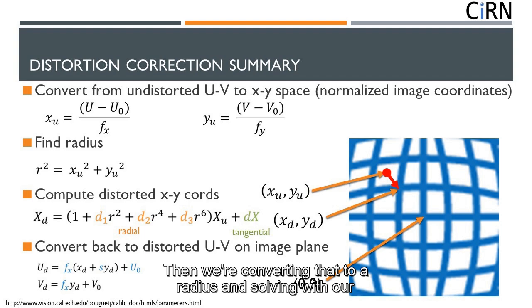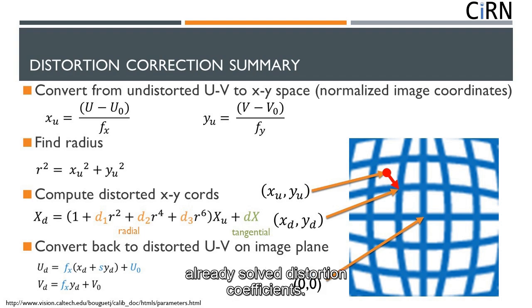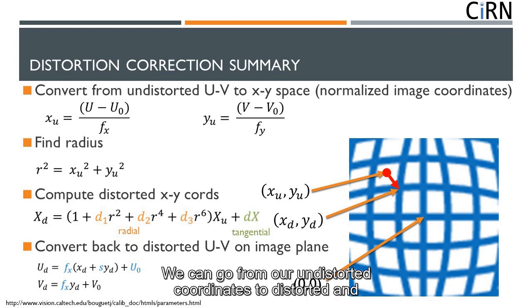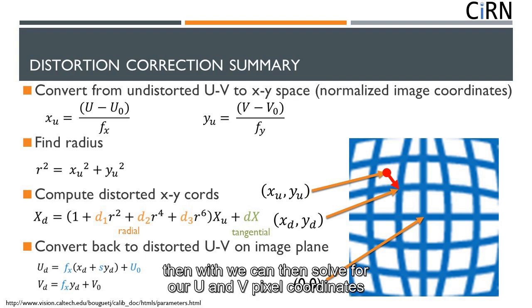Then we're converting that to a radius and solving with our already solved distortion coefficients. We can go from our undistorted coordinates to distorted, and then solve for our U and V pixel coordinates in distorted by going from the normalized image coordinates back to the regular real image coordinates.